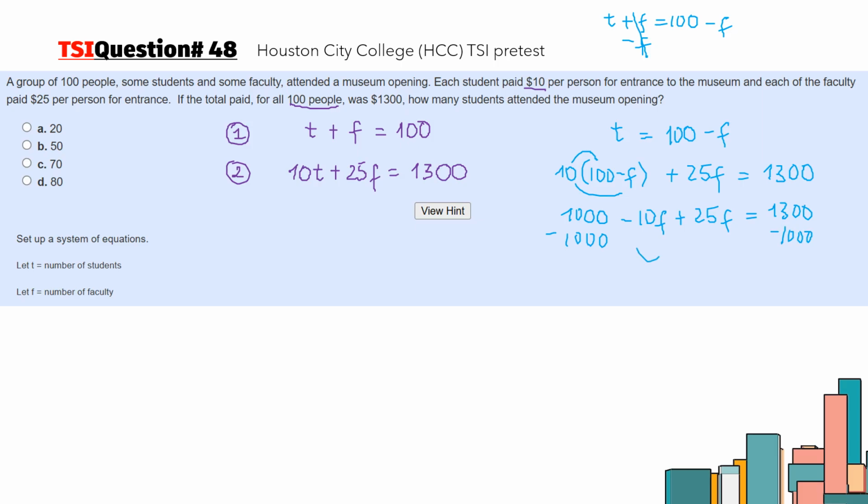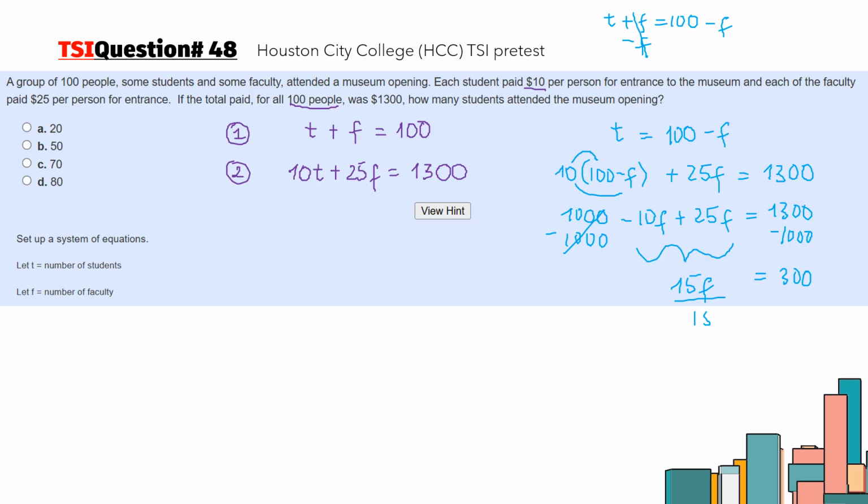Then we combine like terms: negative 10 and 25 is the same thing as 25 minus 10, so that will be 15F on the left hand side. The 1,000 is cancelled, and then we have 1,300 minus 1,000, which is 300.